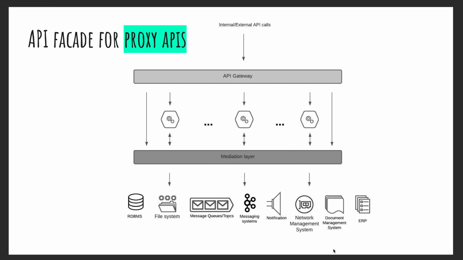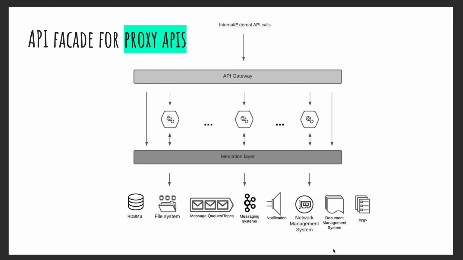So in this pattern, the mediation layer will communicate with those heterogeneous systems, because usually the mediation layer is realized as an enterprise service bus or an integration solution, which are specialized products that can communicate over different protocols and have all the building blocks to perform complex orchestration between different services and systems. It also has first class support for message transformations, message enrichment, message routing, and so forth.